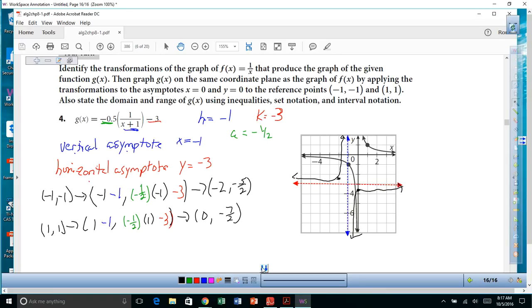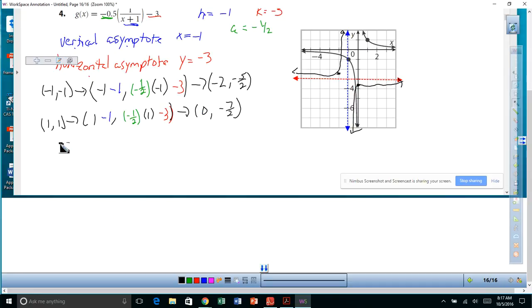And what was the domain going to be? The domain, it says to write it all three ways. So domain. The domain will be, and let's see, we're going to have x such that x is not equal to 1, -1.